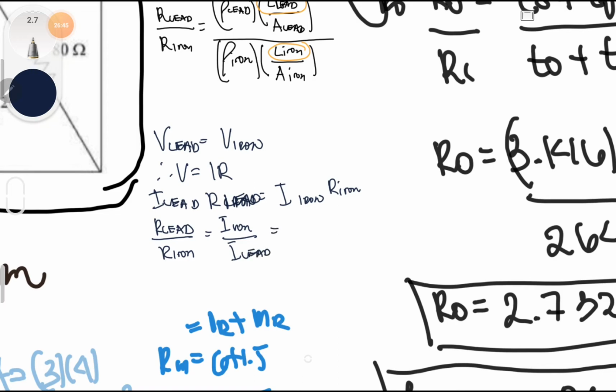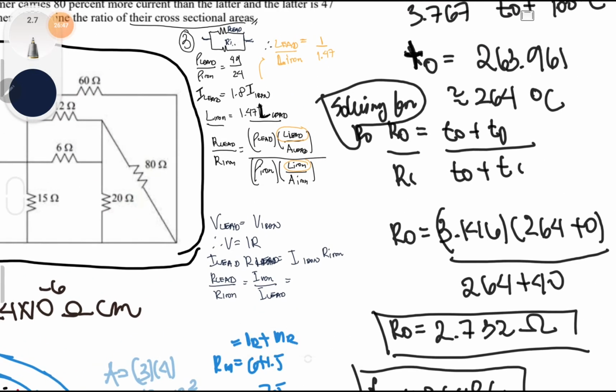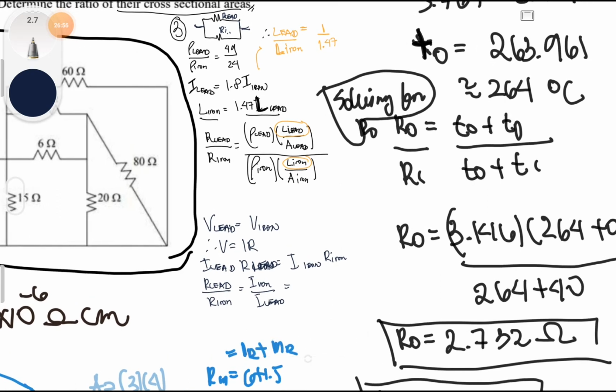Which is equal to, from this, I iron divided by I lead is equal to 1 over 1.8. Tama ba? So, I iron divided by I lead is equal to 1 over 1.8.